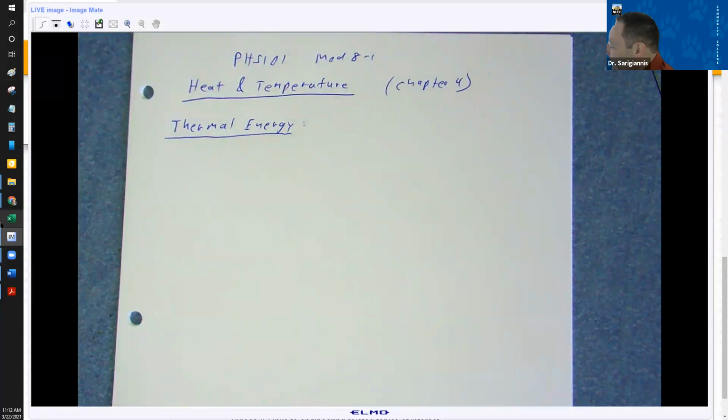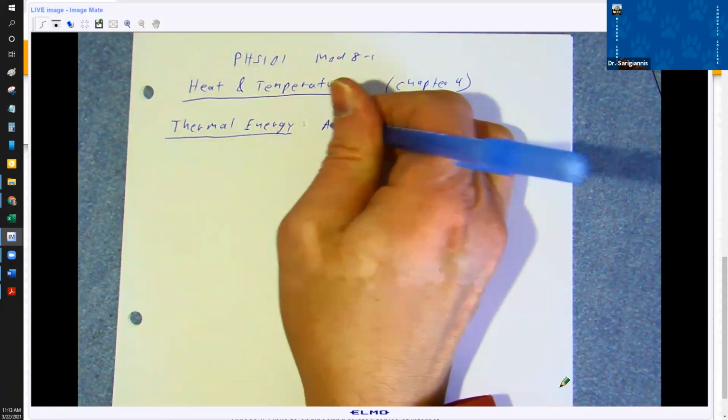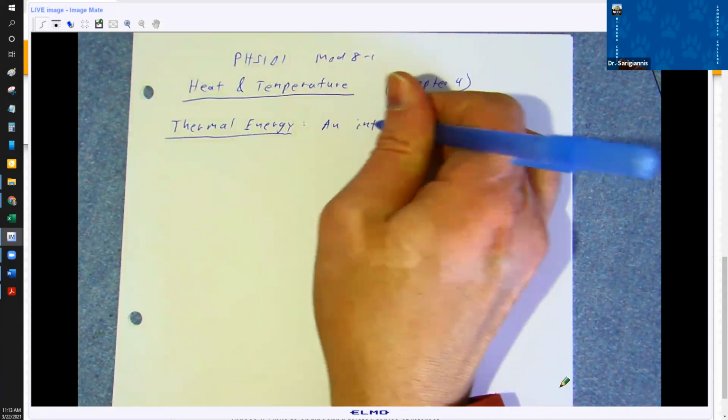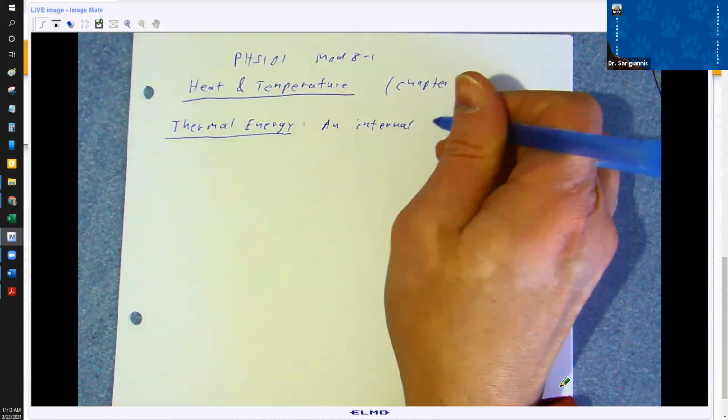This is kind of going towards, we talk about heating something or cooling something, and that's associated with an object's thermal energy.